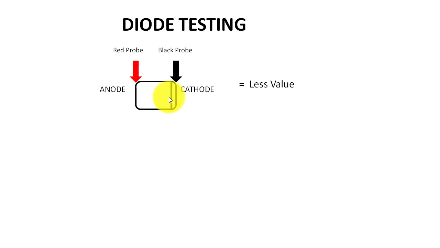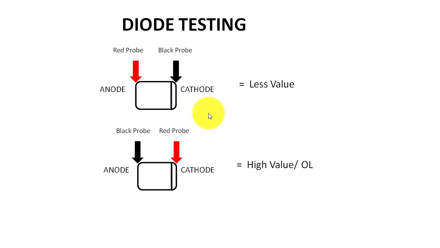So you have to keep the black probe on the cathode and the red probe on the anode. Then if the value is low, the diode is okay. If you keep your multimeter's black probe on the cathode and red probe on the anode, and it shows a low value, then the diode is okay.